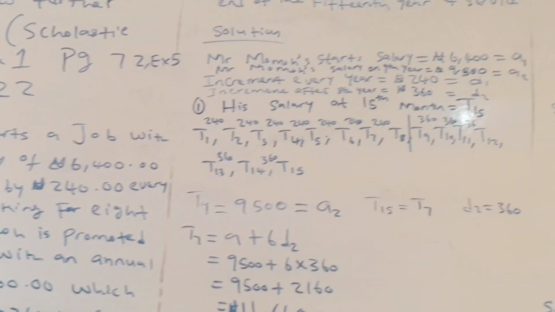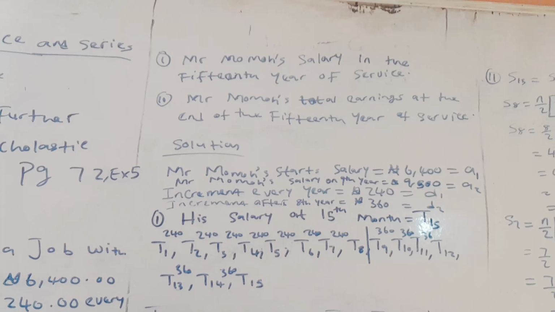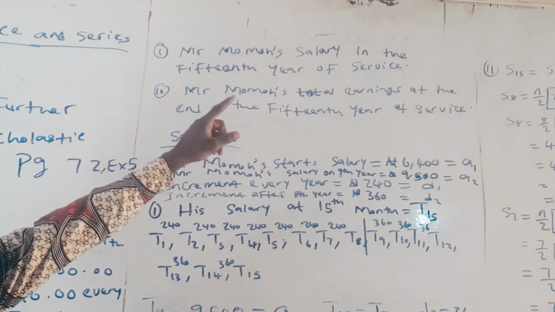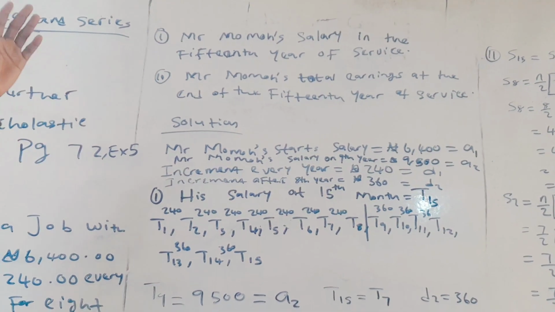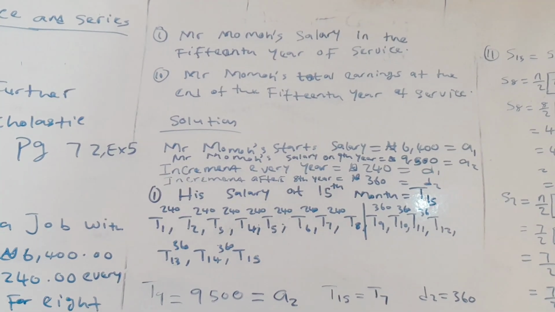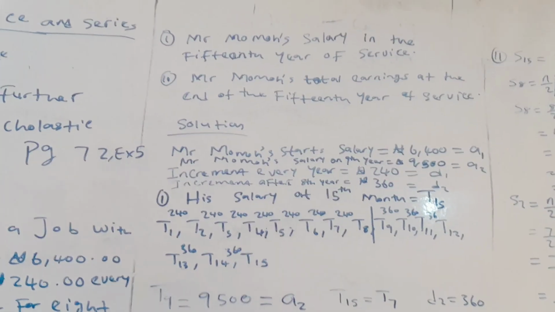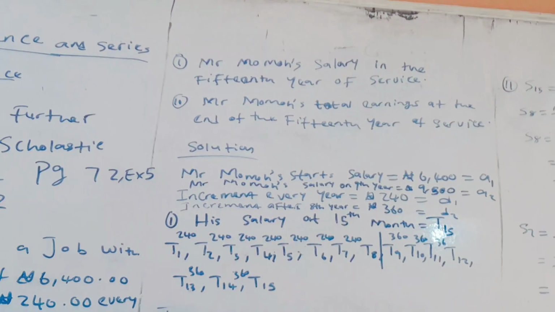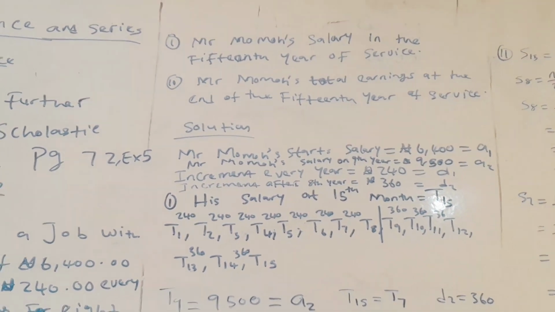Calculate Mr. Momo's salary in the 15th year of service. Second, Mr. Momo's total earning at the end of the 15th year of service. This question is actually hard for many students to solve.